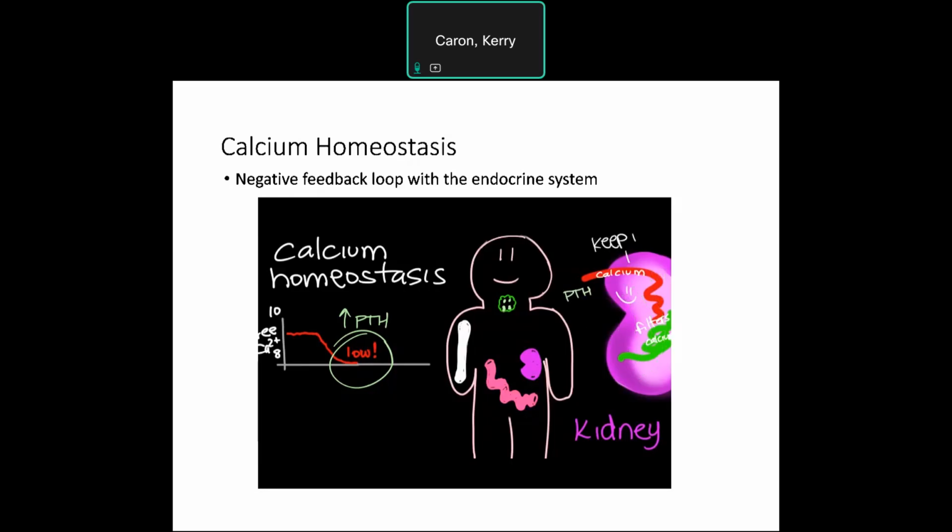So as PTH levels go up, the little kidney cells know to keep more calcium, in essence reabsorbing it, adding it back to the bloodstream, and helping raise and keep our blood calcium levels high enough. Whenever PTH levels are high, the kidneys are reabsorbing more calcium, and less calcium ever makes it into the urine, so the urine would have low calcium levels.